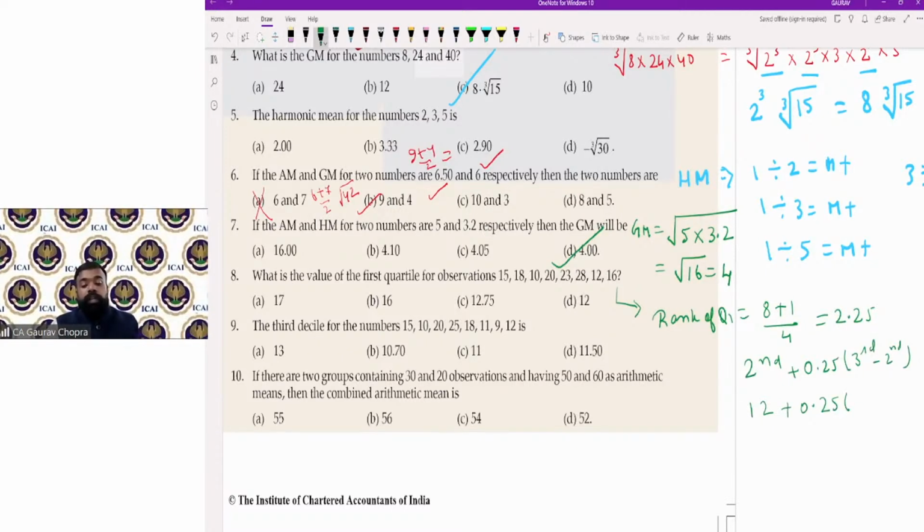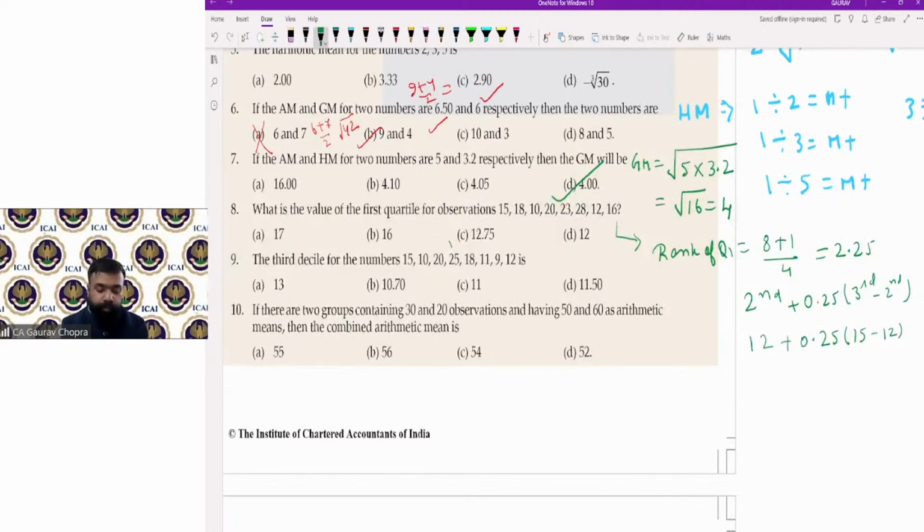What is the third value? Third value is 15. So now you can get the final answer. 12.75 is your final answer.